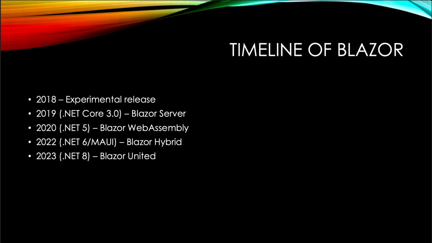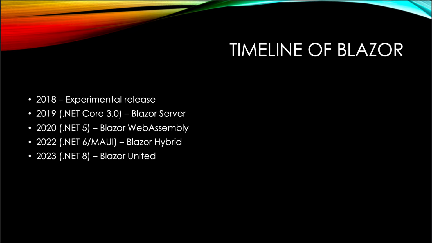It was released with .NET 5, allowing applications to run fully in the browser. By 2022, with .NET MAUI, Blazor Hybrid enabled building cross-platform native apps using Blazor UI. And with .NET 8, Microsoft introduced Blazor United, combining the best features of server and WebAssembly hosting.